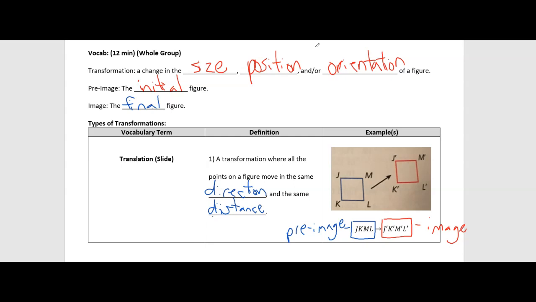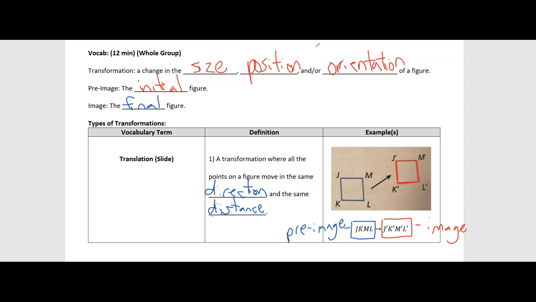So they have a square, or it may not be an actual square. We don't know if those are right angles or if the sides are all exactly the same, but we'll just call it a square for now. We could call it a quadrilateral because it just has 4 sides. If we have a quadrilateral and we push it up and to the right, the one that we start with, we just name it by its vertices: JKML.